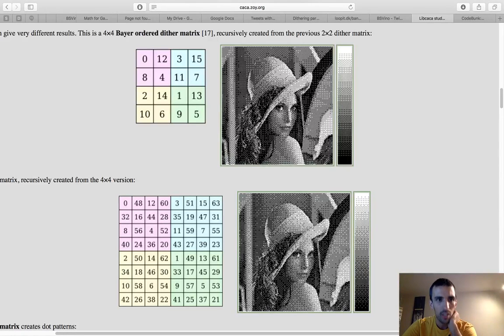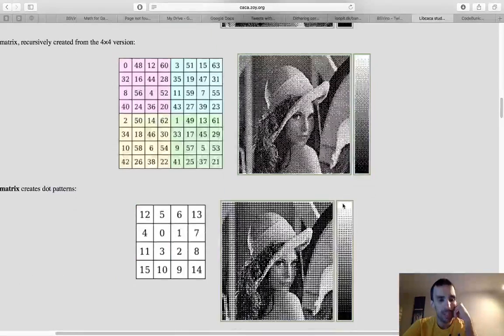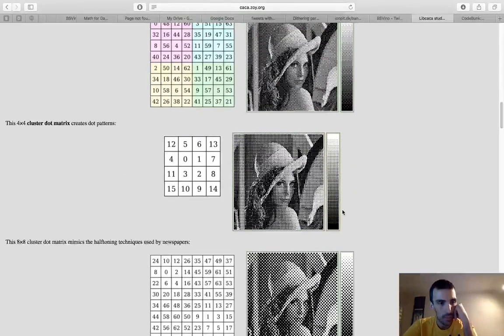And actually I kind of like the 4x4 better, to be honest. You can see this is a clearer line right here, whereas this is a little more scattered. I don't know, I guess it depends on where you look. Maybe there's not that much of a difference here. I wish they had gone up to 16x16 for this example, but they didn't. So that's ugly.